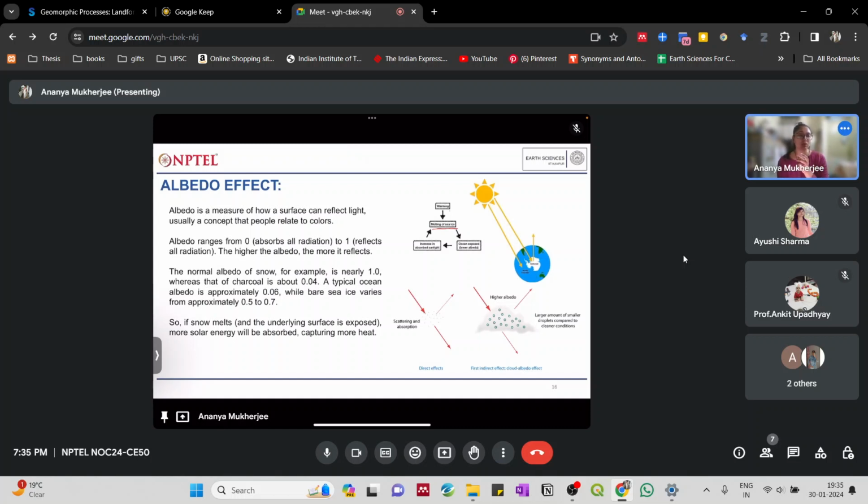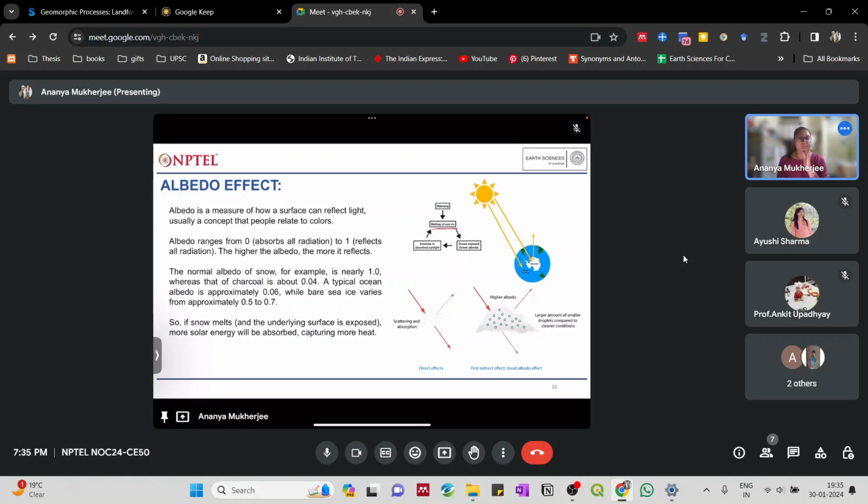If a material can absorb all of the incident radiation, all of the incident light, it will have a zero albedo value. If the albedo is 1, that means the material reflects all of the radiation falling on it. So the higher the albedo, the more it reflects.